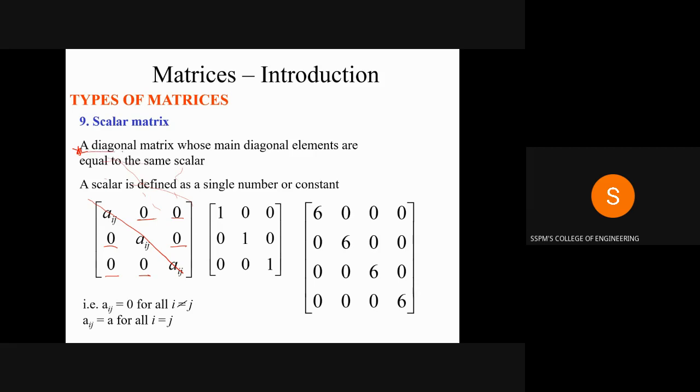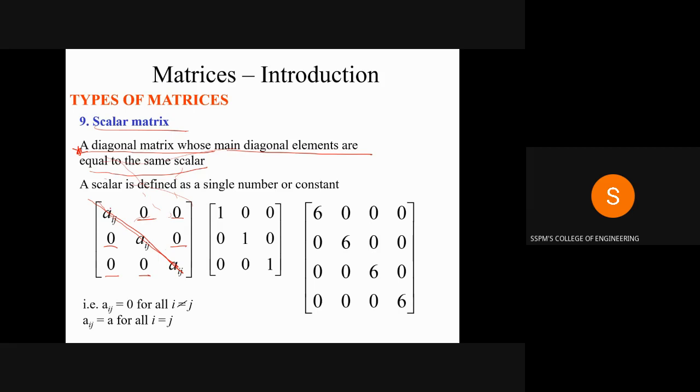So now what is a scalar matrix? A diagonal matrix whose main diagonal elements are equal to the same scalar. So what is the difference between a diagonal matrix and a scalar matrix? A diagonal matrix means the diagonal entries should be non-zero; that is enough for a matrix to be a diagonal matrix.